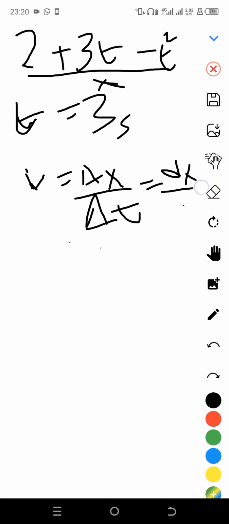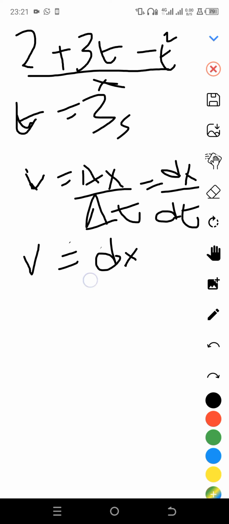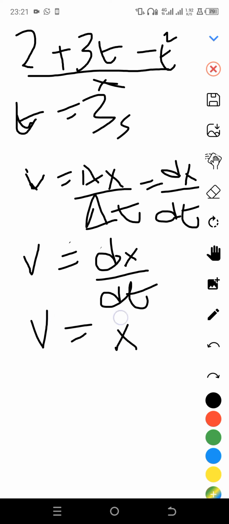This is the same as dx/dt, which means that the velocity of the particle is just differentiating the position with respect to time. This can also be denoted as x dot. Whenever you see x dot, it means you are taking the first derivative of position, which is x, with respect to time.